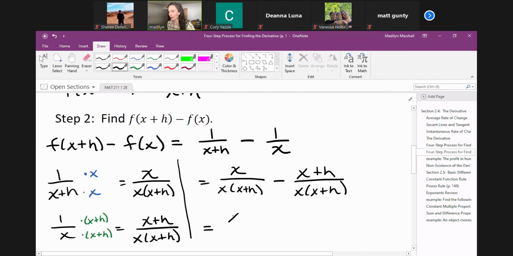And here we have to be super careful again. So we're subtracting the numerators of these two since they have the same denominator now. We can just subtract the numerators, but we have to be careful that that whole x plus h on top is subtracting.